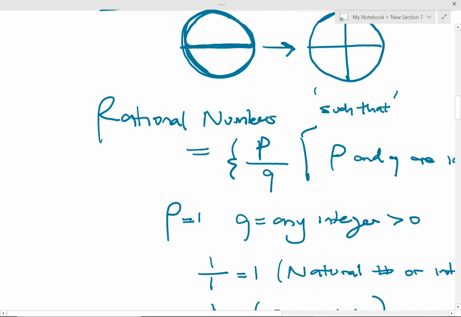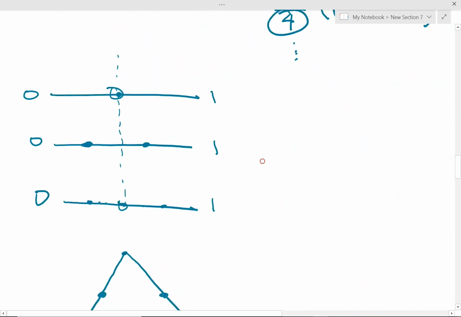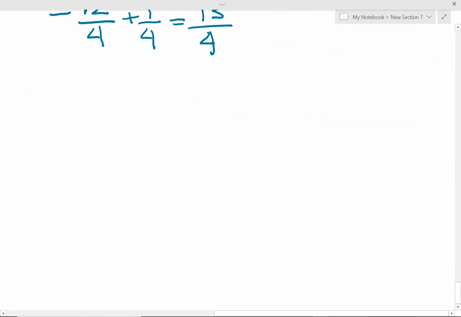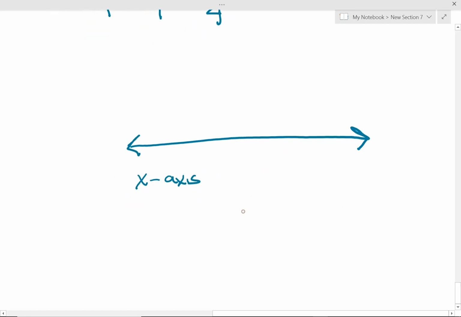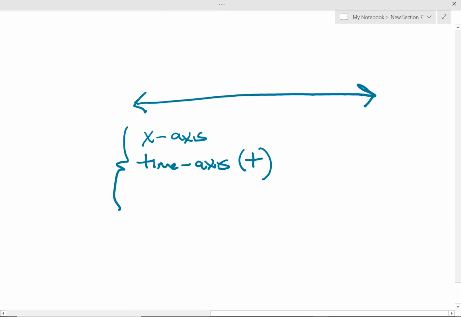This consists of the set of all real numbers, and once we get to the next section, we're working with 1D space. So we could define this as the x-axis. Normally in algebra we define it as the x-axis, but it could be a time axis, denoted by t, or distance, which could be represented as d.